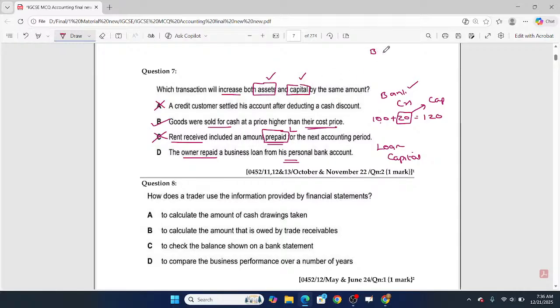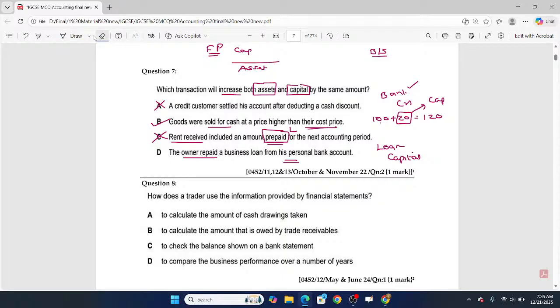In your balance sheet, the financial position statement, think over this transaction: the capital account and the asset accounts.